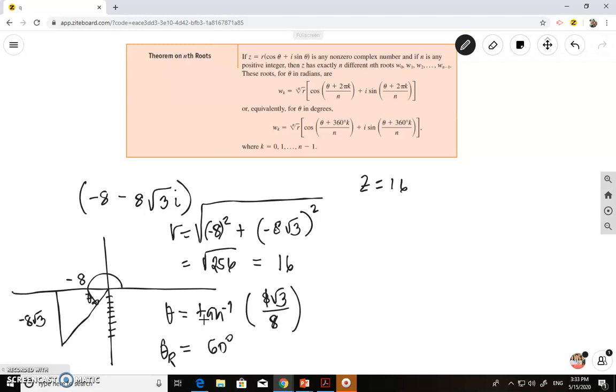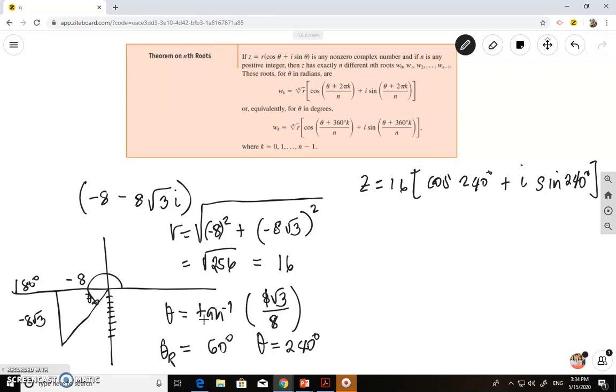So this one is 180 degrees plus 60 degrees, so our theta is equal to 240 degrees. In trigonometric form, we have 16 times cos 240 degrees plus i sin 240 degrees.